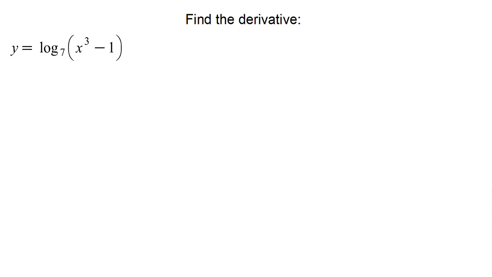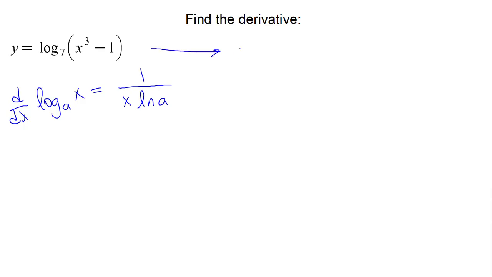For our next one here, we've got a slightly different function. It's no longer natural log, it's log base 7. But that's fine. We have a rule for that, right? The rule is if I want the derivative of log base a of x, that should be 1 over x times the natural log of a. So we're going to use that rule here in conjunction with the chain rule.